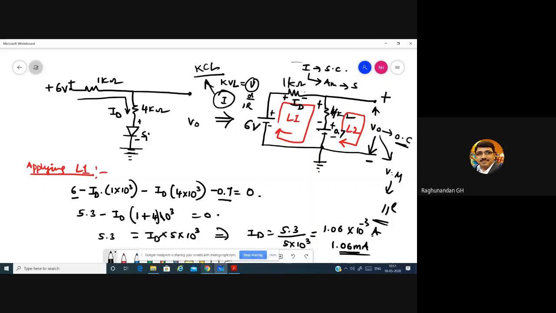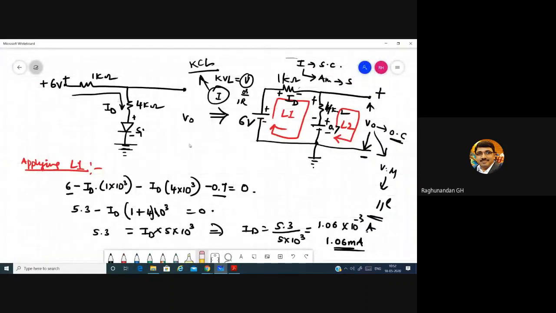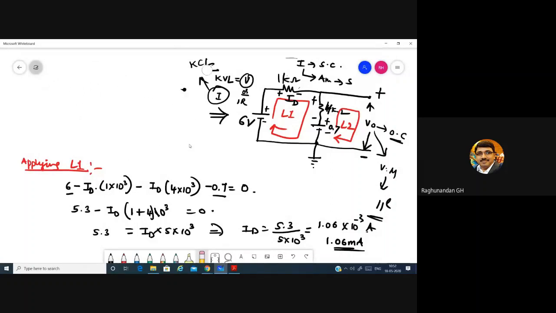Now, after this, you have to find out the output voltage. So now apply KVL to loop 2.